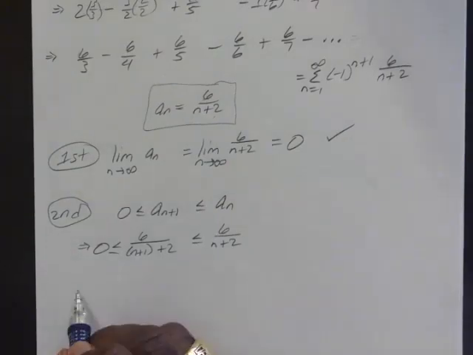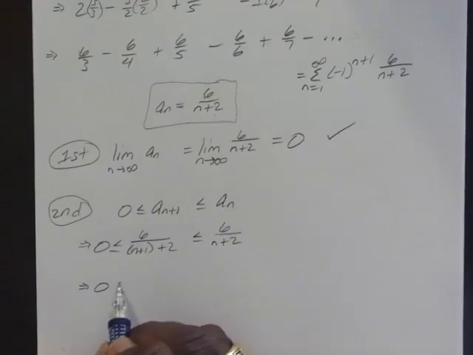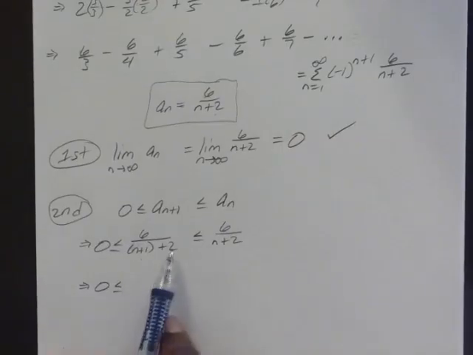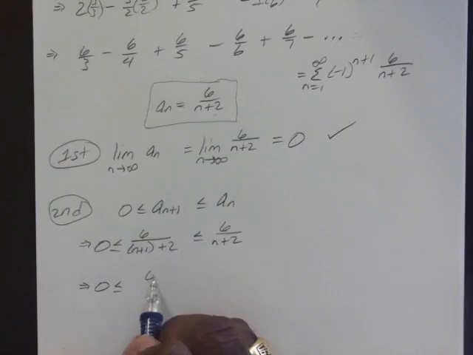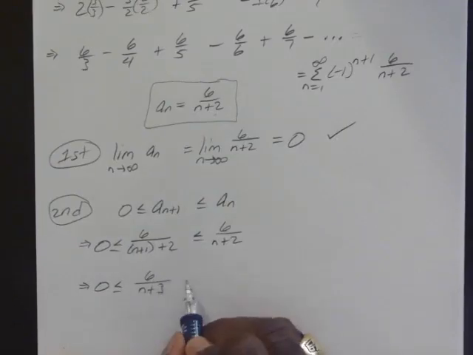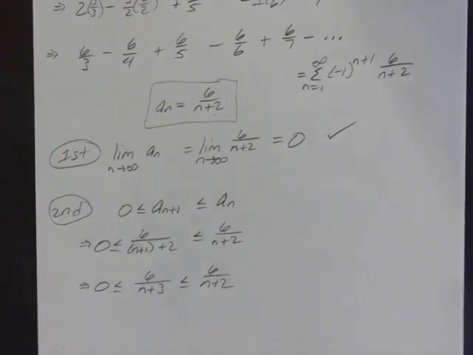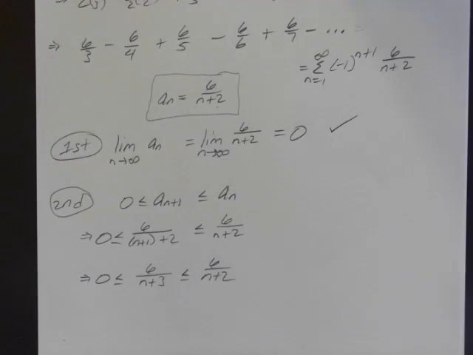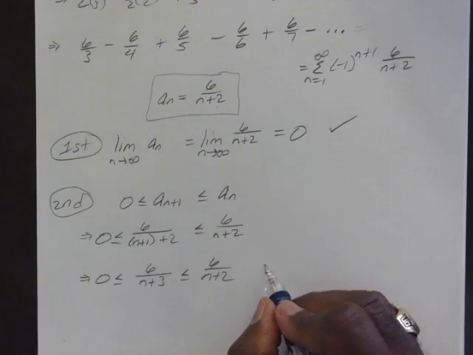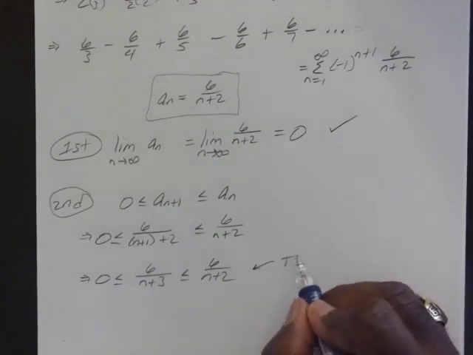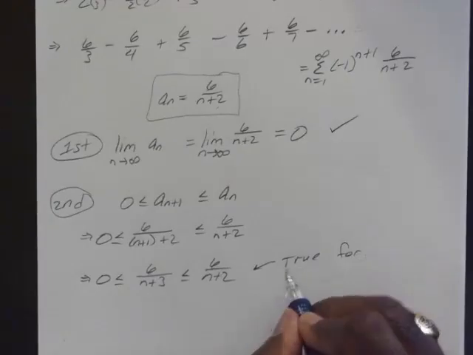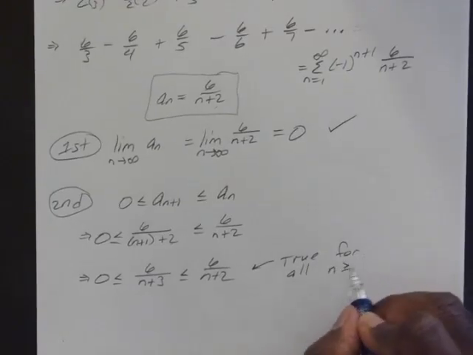So if we rewrite it, n plus 1 plus 2 is just n plus 3. So we have 6 divided by n plus 3 is less than or equal to 6 divided by n plus 2. Okay, which we can see is true for all n greater than or equal to 1.